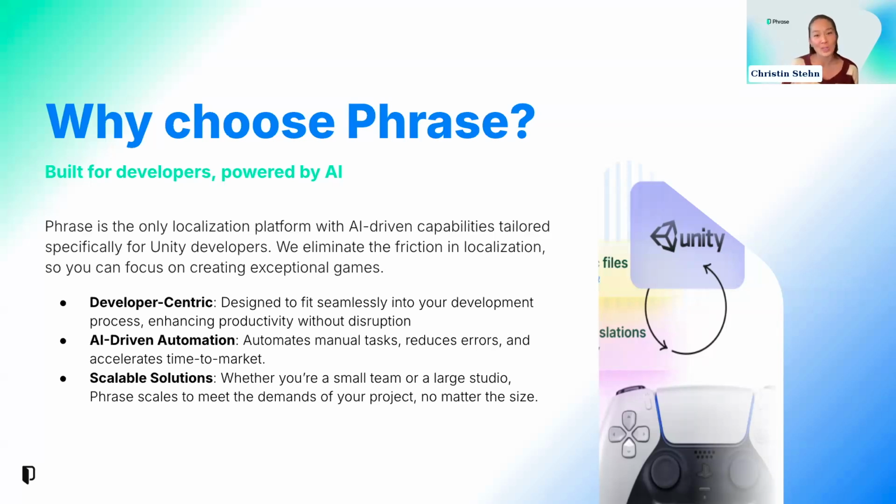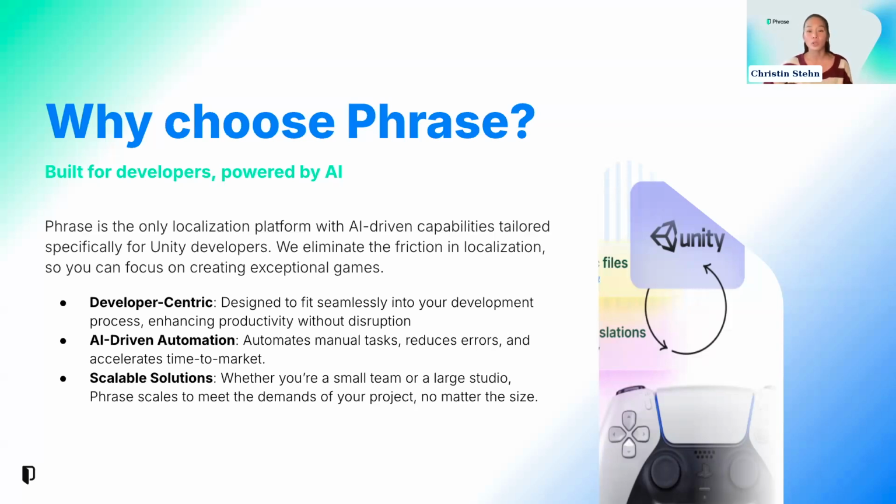And with that, we're also nearing the end of our webinar. To wrap things up, let's quickly review why Phrase is our ideal partner and also the solution for your game development. So Phrase stands out as the only localization platform with AI-driven capabilities specifically designed for Unity developers.